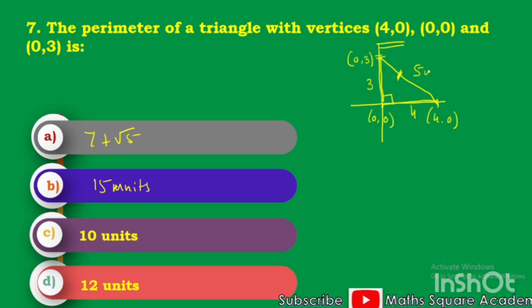Now you add all these sides: 3 plus 4 is 7, 7 plus 5 is 12. So the answer is 12 units, that is option number D. So in this way you can simplify. That is question number 7.